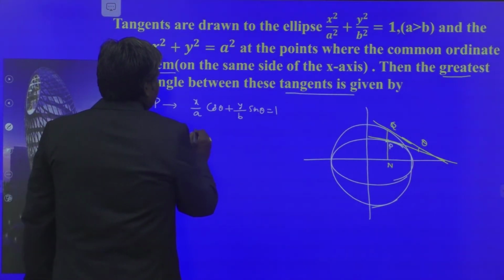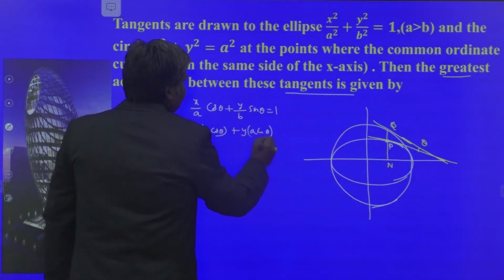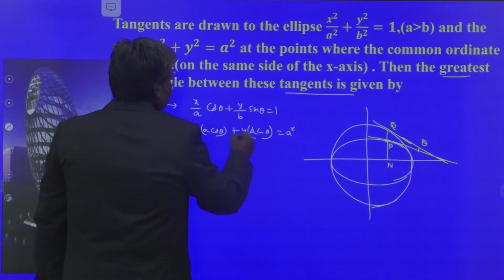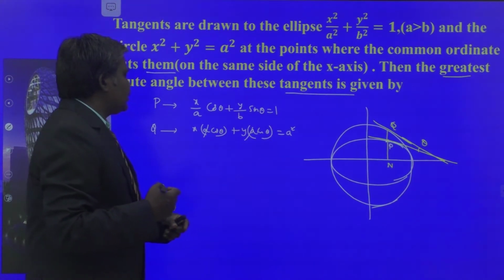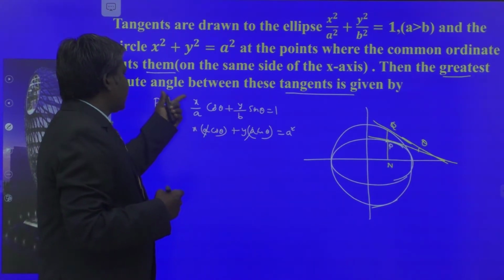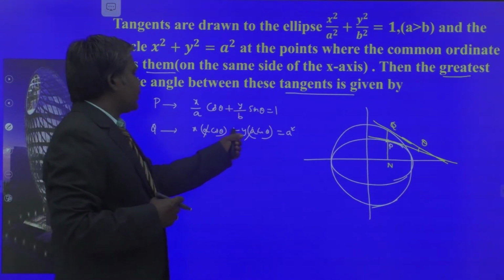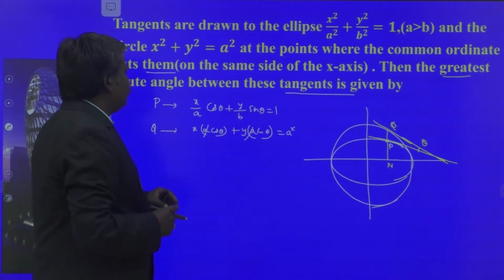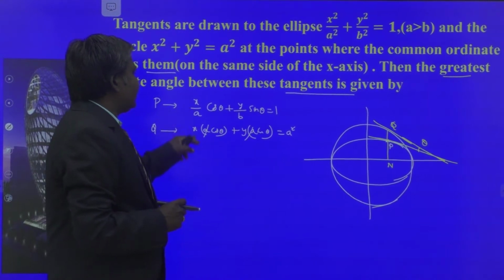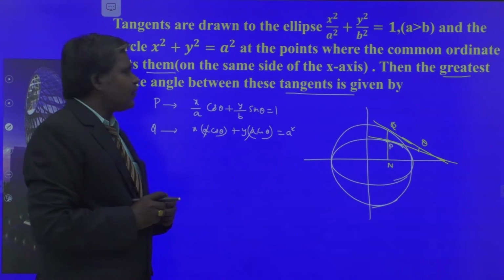That is x·x1, which means x·a cos theta + y·a sin theta = a², with respect to the circle. So x cos theta + y sin theta = a. P is this: (x/a) cos theta + (y/b) sin theta = 1. Q is x cos theta + y sin theta = a. We have to find out the greatest acute angle between these two curves, for all values of theta.